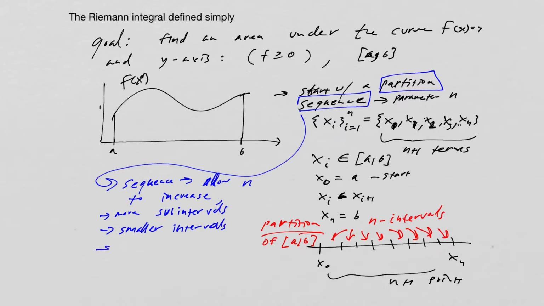One thing we're not going to do, because we're talking about this integral in the most general possible way, is specify how we choose specific points xi.